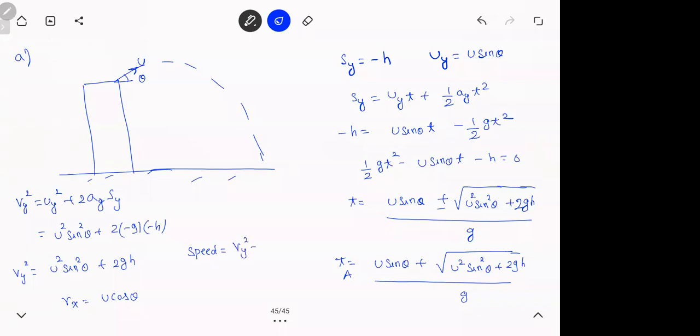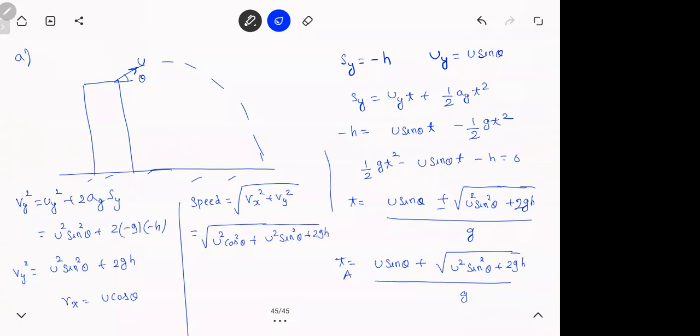Root of Vx square plus Vy square. That will be u square cos square theta plus u square sine square theta plus 2gh. What is cos square theta plus sine square theta? 1. You end up with this. That's your speed.